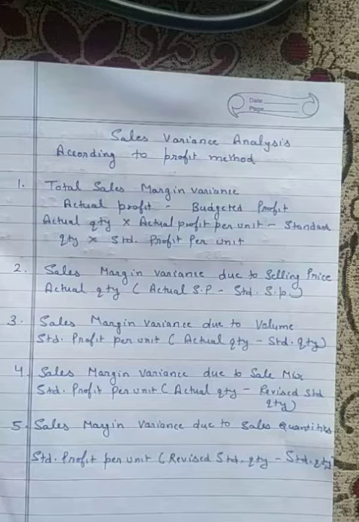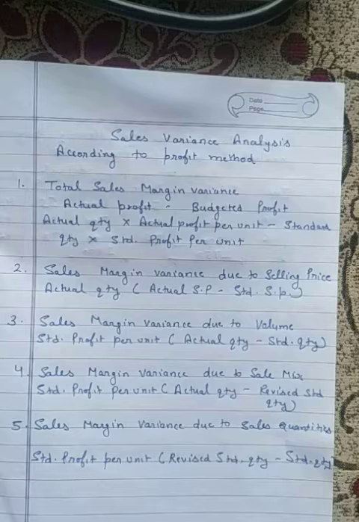First of all, we will calculate the total sales margin variance. The formula to calculate the total sales margin variance is actual profit minus the budgeted profit. So first of all, you have to calculate the actual profit and the budgeted profit. To calculate the profits, you have to calculate the actual profit per unit and the budgeted profit per unit.